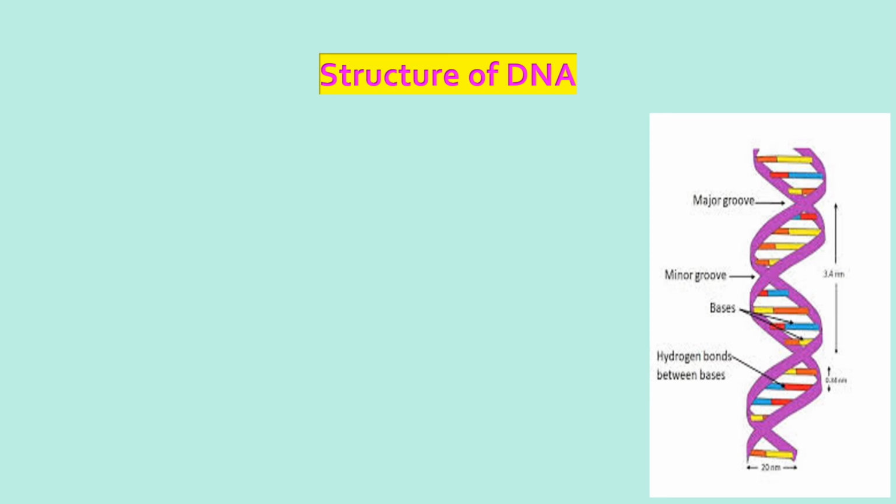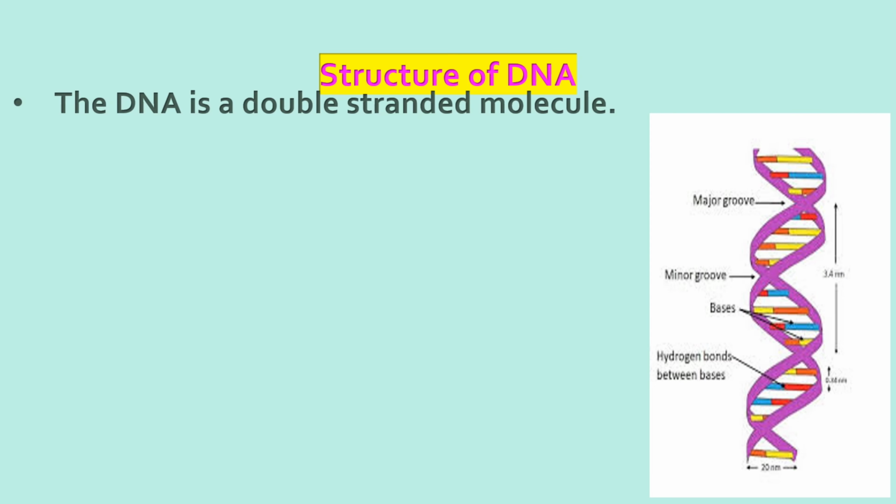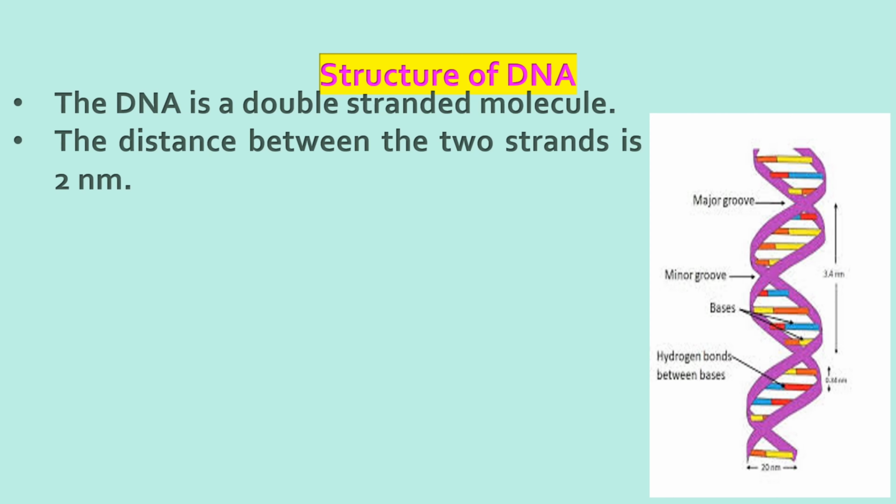Now, DNA is a double-stranded molecule, the two strands which you can see here in purple color. The distance between the two strands is 2 nanometer, which is given here at the bottom.